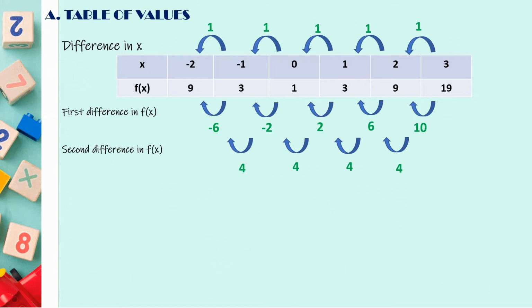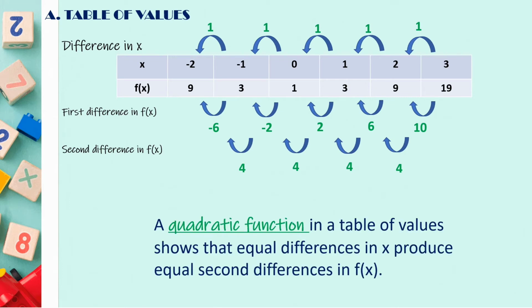If the second difference in f of x are equal, then the table of values is a quadratic function. A quadratic function in a table of values shows that equal differences in x produce equal second differences in f of x. Let's have another example.